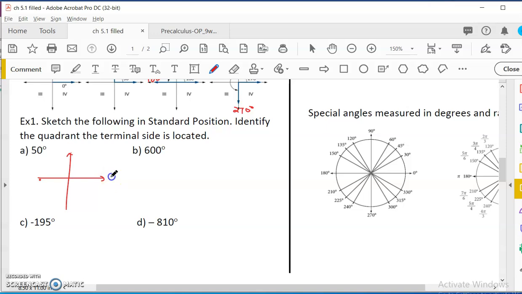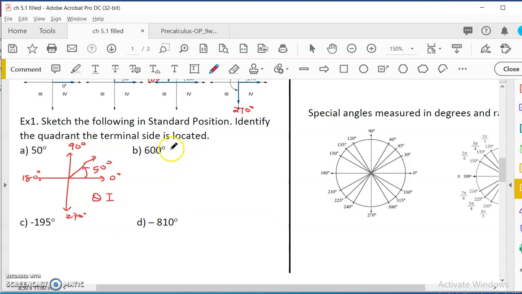What I usually do is mark the quadrantal angles, so I know the relative size of the angles and where it should stop. 50 would be between 0 and 90, and it is a little more than 45. 45 is in the middle, so I'll sketch my terminal side like this, and then draw the arrow, and we'll say this is 50 degrees. Okay, and it is in quadrant 1.